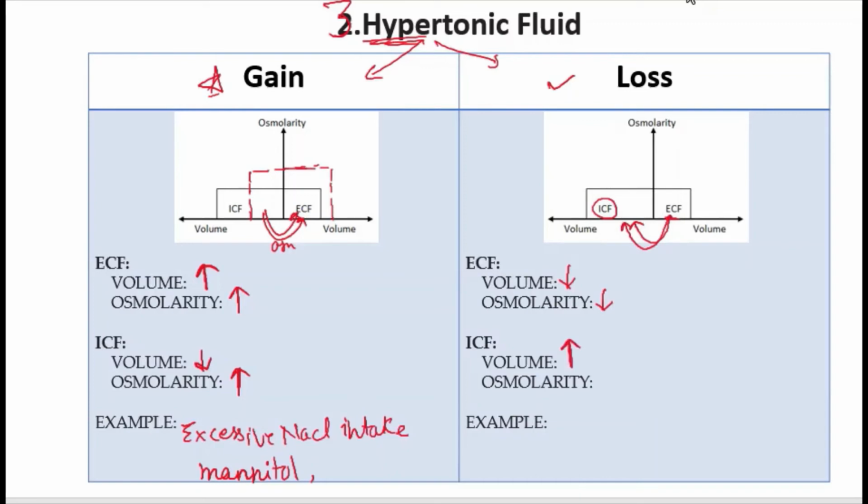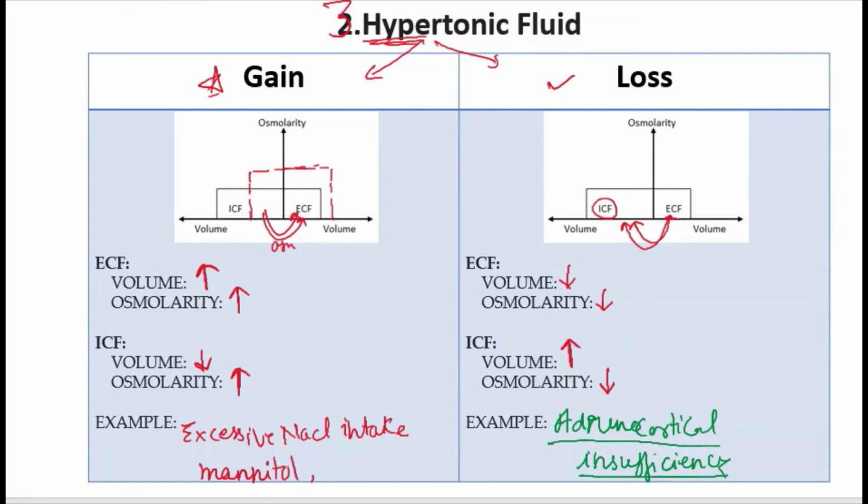As we know, when the ICF volume increases, the osmolarity will decrease. And the example here is adrenocortical insufficiency.